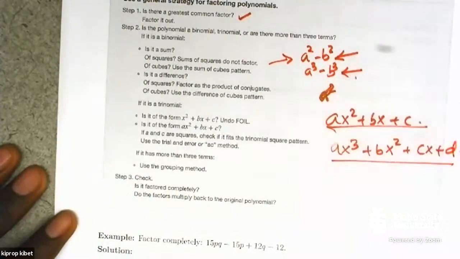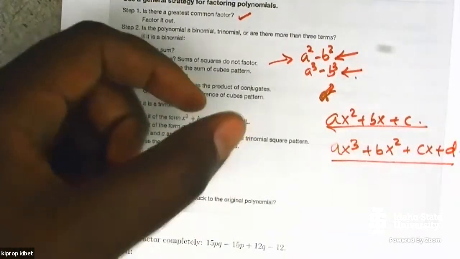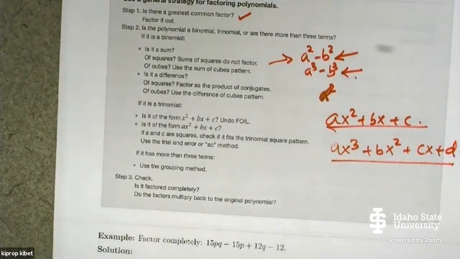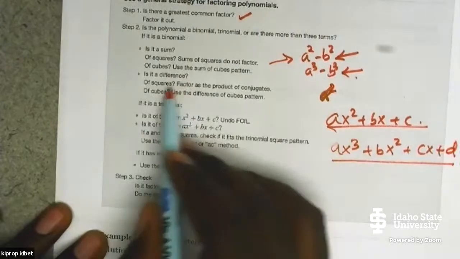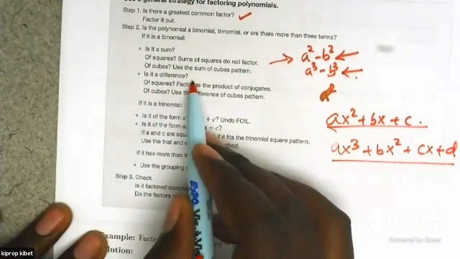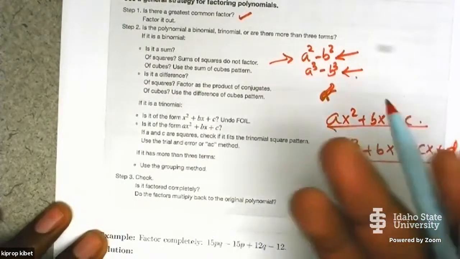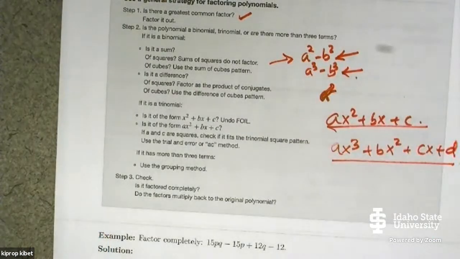So that is a binomial. It has how many terms? There are 2 terms. Now, is it a difference of squares? If it is not a difference of squares, then what next in that step?